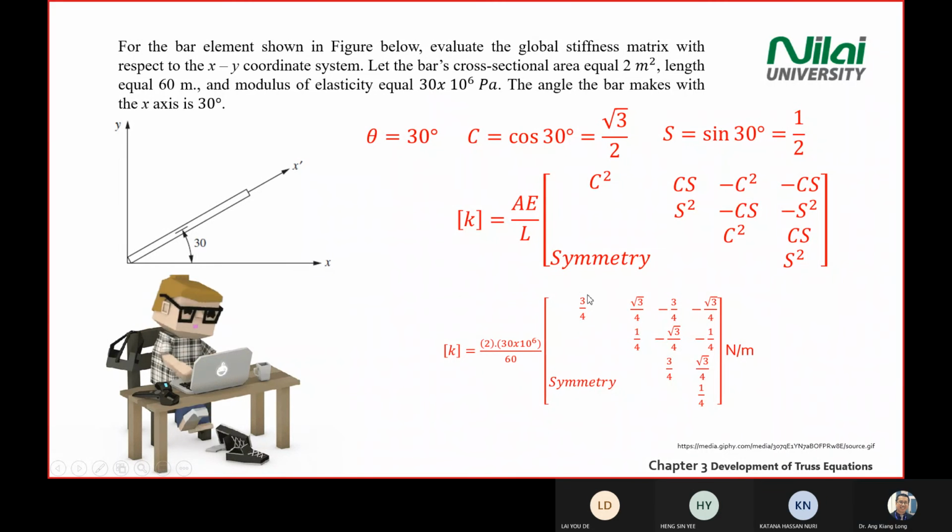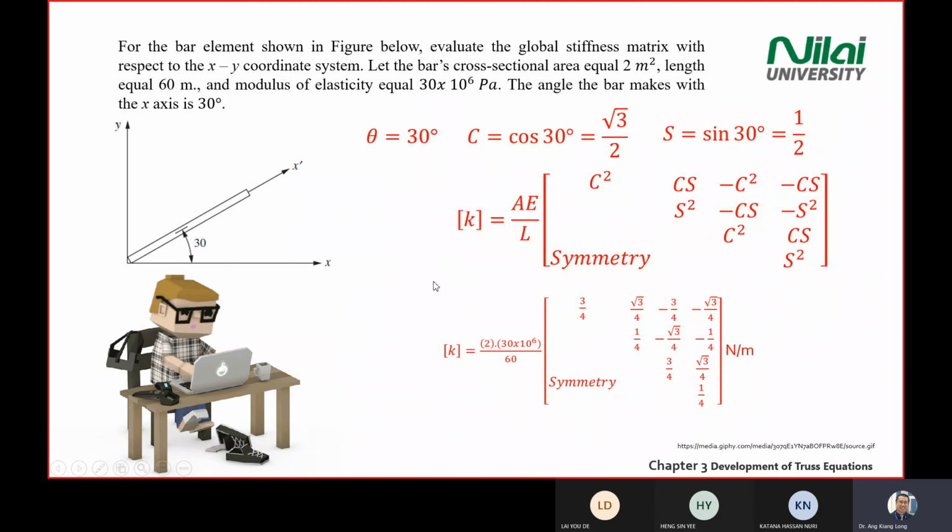And the rest is just the normal calculation. For example, C square, cos square, means you square this one, you will get 3/4. Cs, you take cos times sine, this one times this one, you get square root of 3 over 4, and so on. This is just a reference answer for your revision. The rest is just substitution of the numbers.